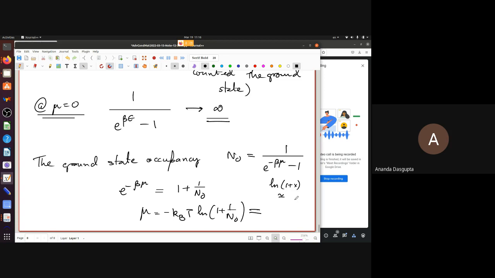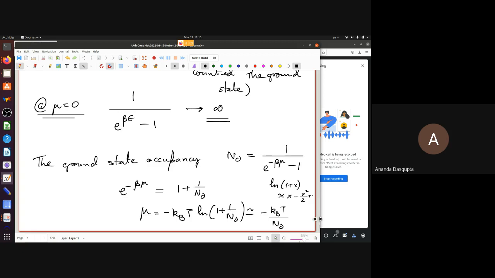But if you look beyond that, as a series, log of 1 plus x, what is that? Remember the series for log of 1 plus x is x minus x squared by 2 plus x cubed by 3 and so on. So for very tiny x, log of 1 plus x is really like x. So this is approximately, at least for a macroscopic occupation, like minus kBT by N0.